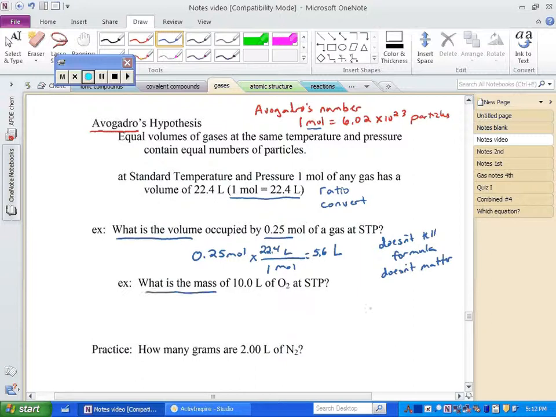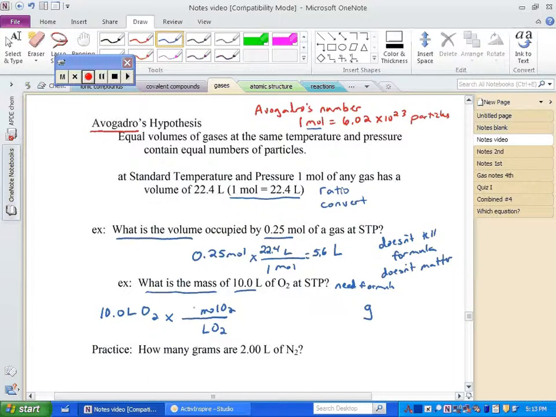Now look at the next one. What is the mass? So we want grams, given 10 liters. This time you need the formula, and you know that it's O2. Liters on the bottom, moles on the top.